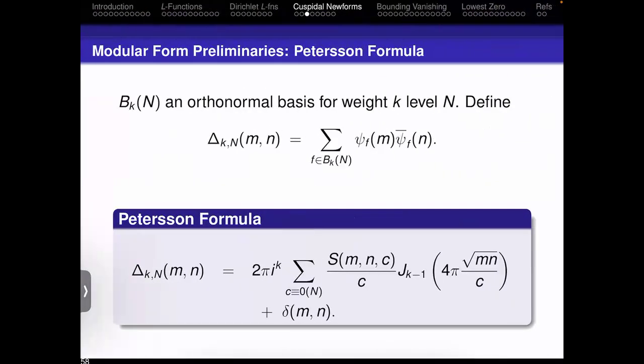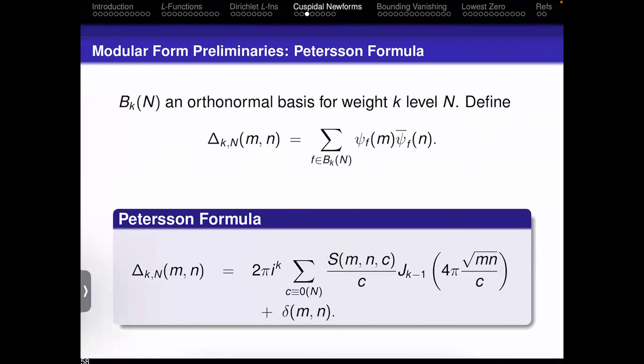Then we need some kind of averaging formula, and so we have the Petersson formula. This is the analog of the character formula we had for Dirichlet characters, where if I look at the sum of the product, I get this horrible mess involving the Kloosterman sum and the Bessel function.